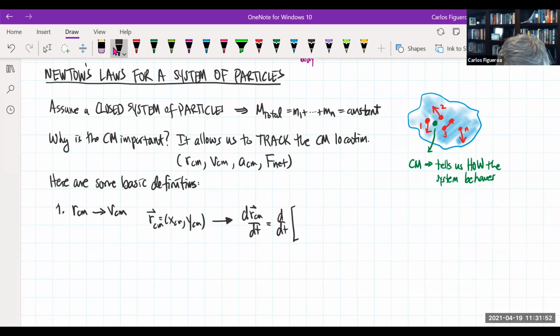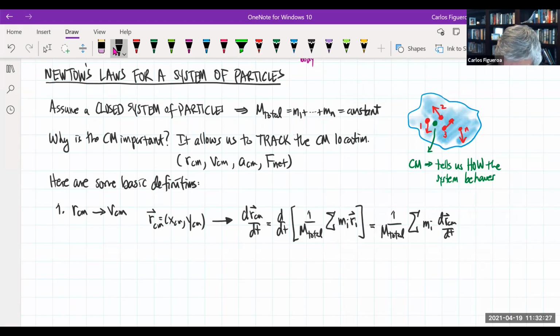But if I take the derivative of this quantity, then my system should be the sum of the locations of all of the masses here. But wait, the total mass is a constant, so are the individual masses. So I could slide that little guy right in. And if I slide this little guy in here, then what I'm really seeing is the derivative of the center of mass.